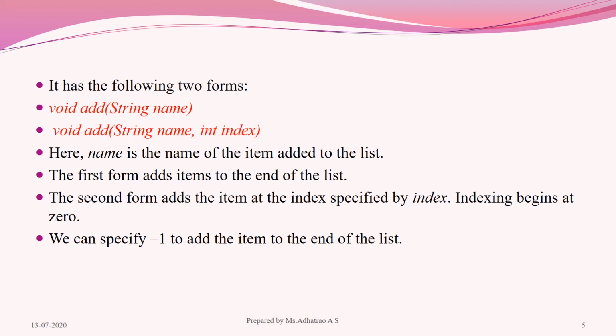We can specify -1 to add the item to the end of the list. So basically there are two forms for adding to the list: one is only the string, and the second is passing the index number for that item.